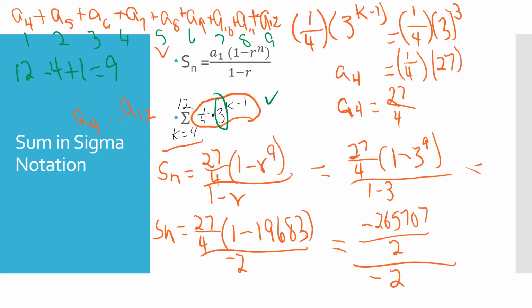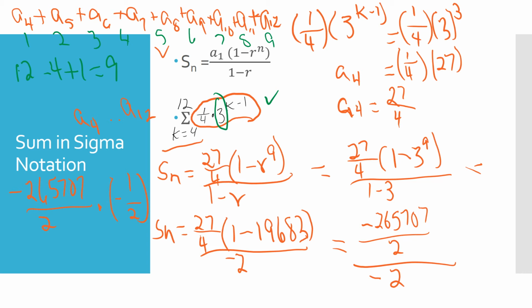Okay, so if I take negative 265,707 over 2 and divide it by -2, I'm just about out of space. We'll go right here and we'll go negative 265,707 over 2. And dividing by -2 is going to be the same as multiplying by -1/2.